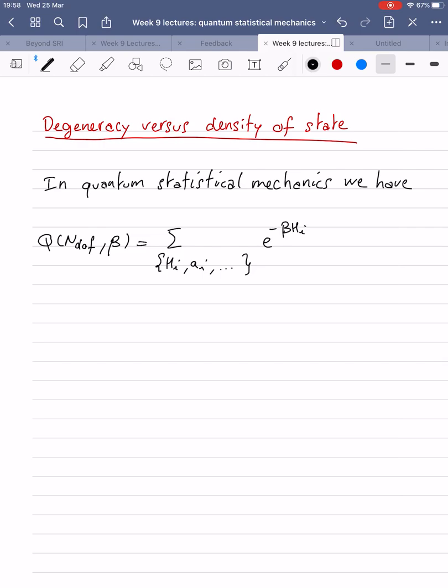Now I want to connect this with the idea of density of state by saying the following.